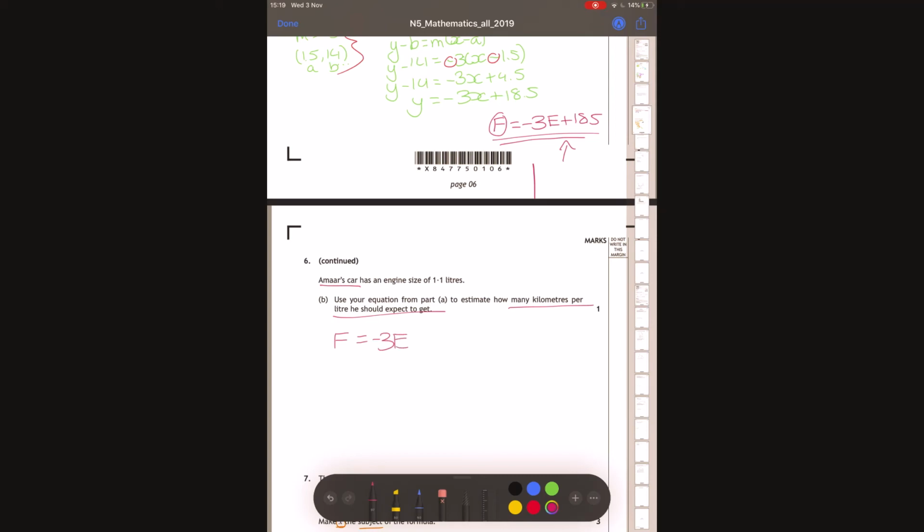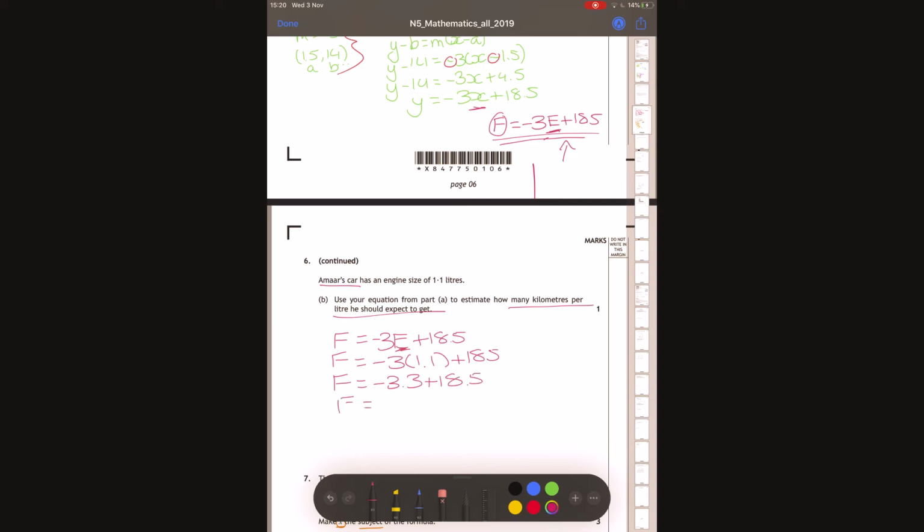And rather big writing, I must add. f is equal to, okay, so his x here, which is turned into e, is 1.1. Negative 3 times 1.1 plus 18.5, f is equal to negative 3.3 plus 18.5.